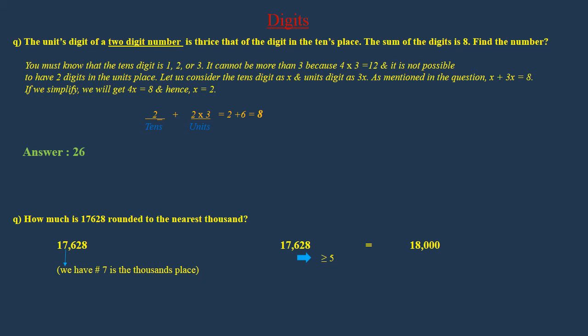If a digit to the right is less than 5, we will keep the digit in question as is and make the digits to its right 0. This is known as rounding down. In this question, we will round up the digit in the thousands place and our answer will be 18,000.